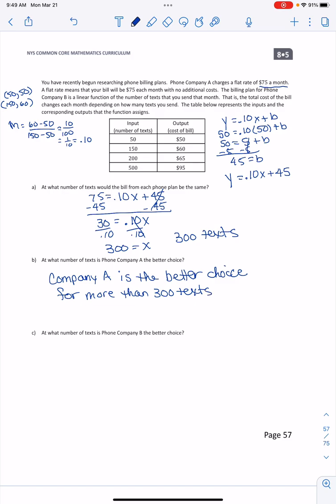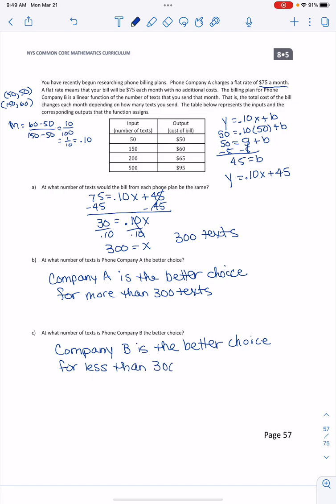And it says at what number of texts is phone company B the better choice? Company B is the better choice for less than 300 texts.